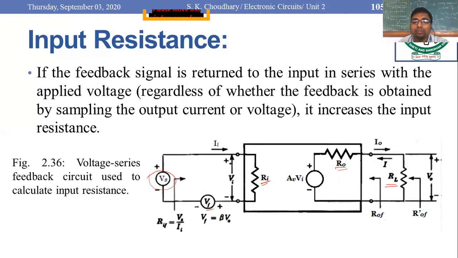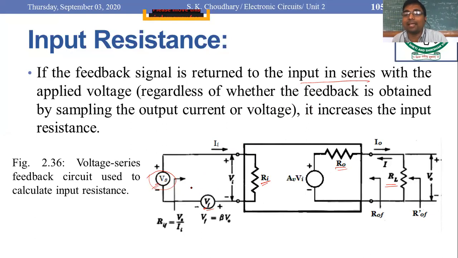So now, if the feedback signal, this is Vf, is returned to the input in series with the applied voltage Vs, regardless of whether the feedback is obtained by sampling the output current or the voltage, it doesn't mean that this feedback signal is Vf or If.